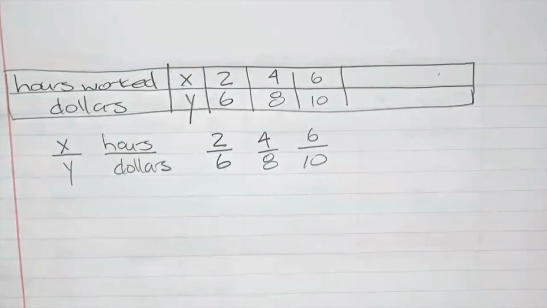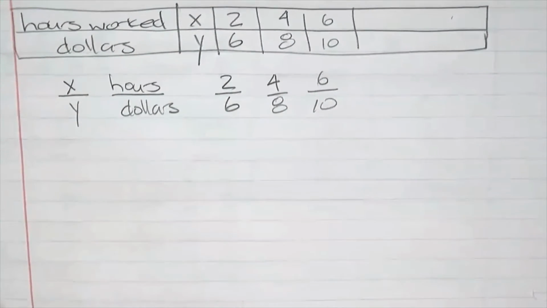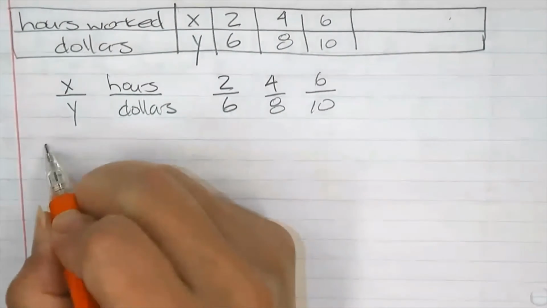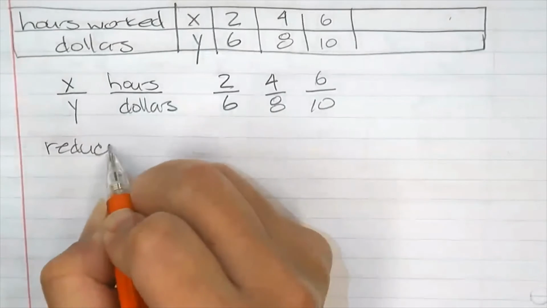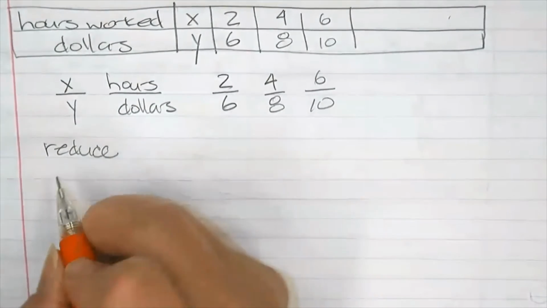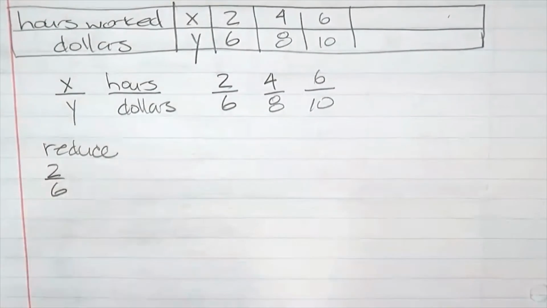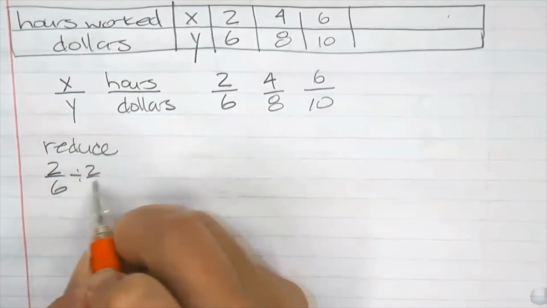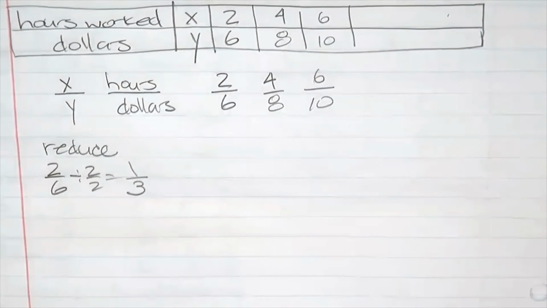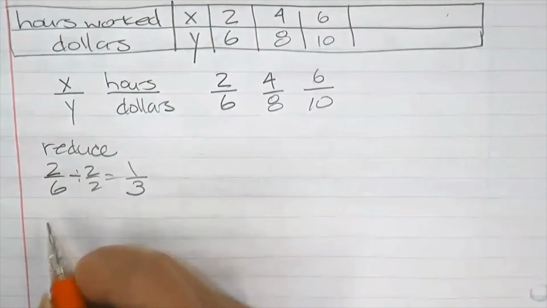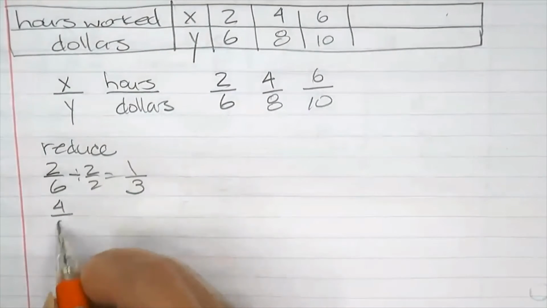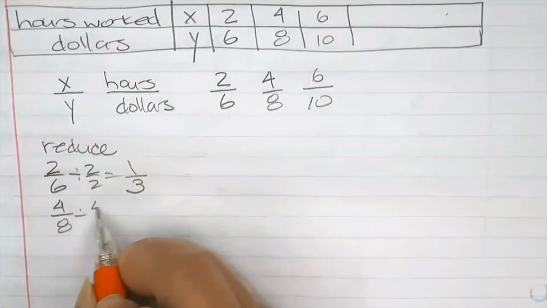So like we learned yesterday, we know we can reduce the fractions to their simplest form to see if they are equivalent or proportional.